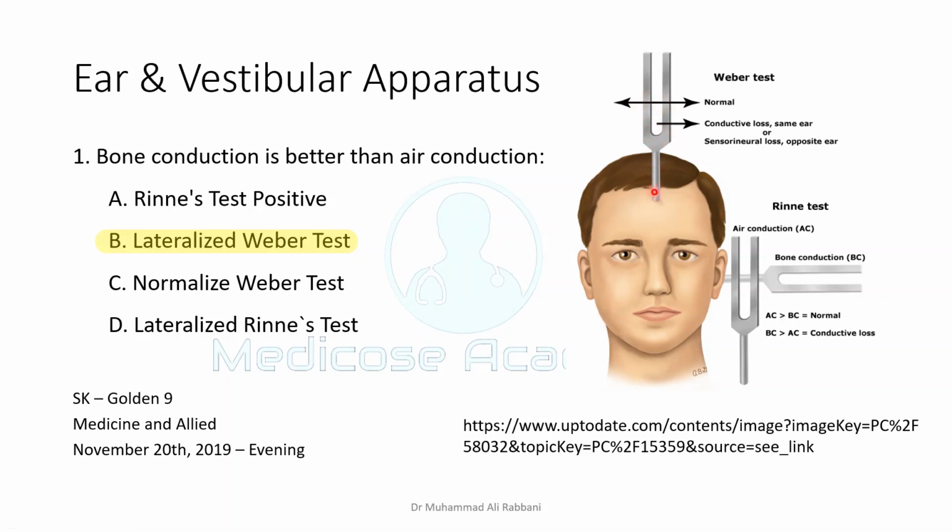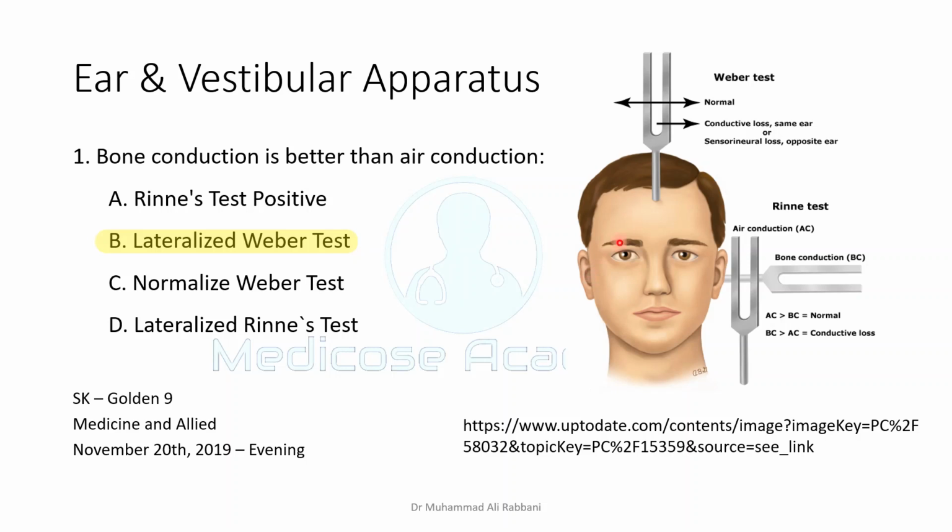Weber test is one in which a prong is put on the vertex of the head, and normally what happens is if air conduction is okay in both ears, we hear the sound in both ears. If there's a conductive loss, let's say in this ear, there is conductive loss, eardrum is ruptured.